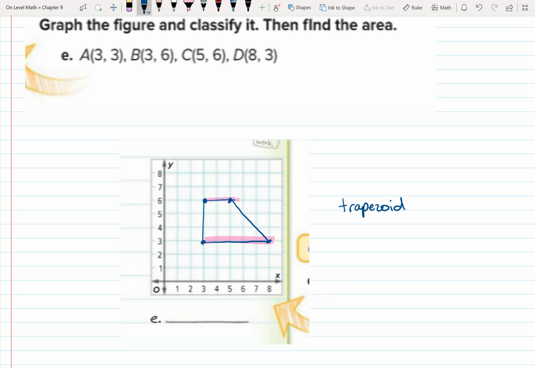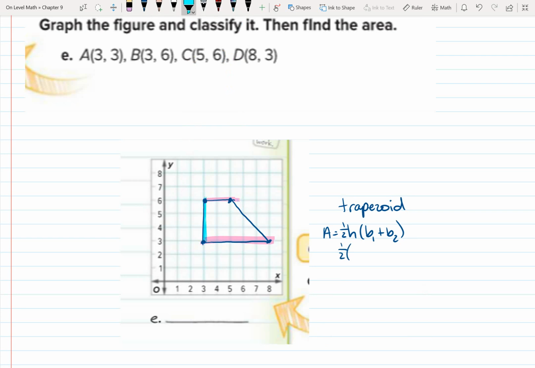And then it says find the area, which means you need to be comfortable with the formula for area of a trapezoid. A equals 1/2 height times base 1 plus base 2. All of that is in the first couple sections of your notes for this chapter. So 1/2 our height. Our height, remember, is perpendicular to the base, so that is going to be this right here, not that.